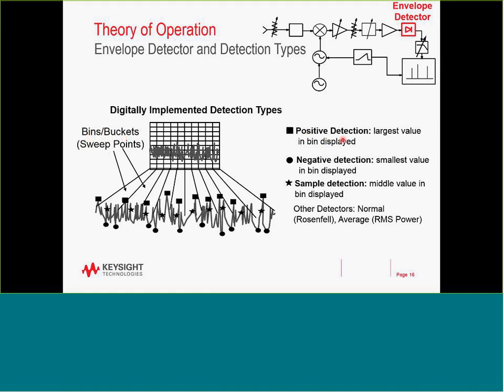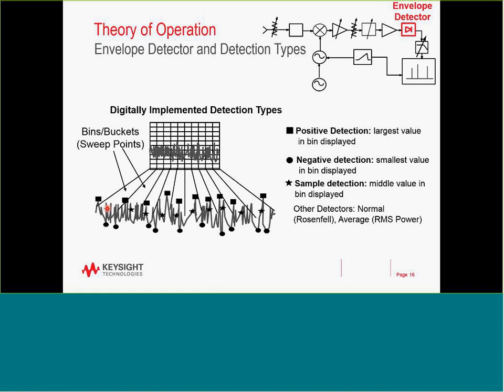Well, if you use the positive detector, then the analyzer will keep the maximum value that was detected during that period of time. If you use the negative detector, then it'll keep the minimum value found during this capture. And if you use the sample detector, it'll use the value at that specific point.